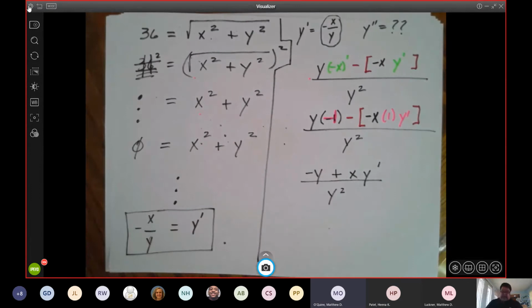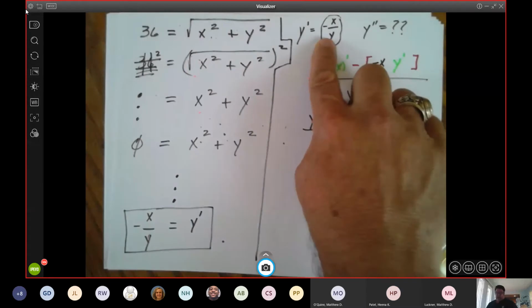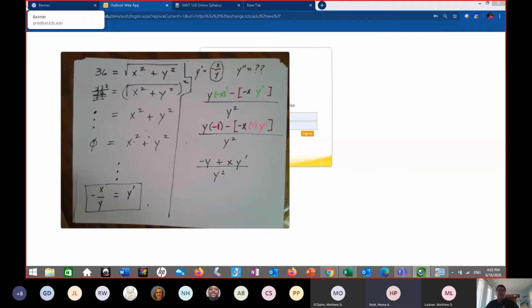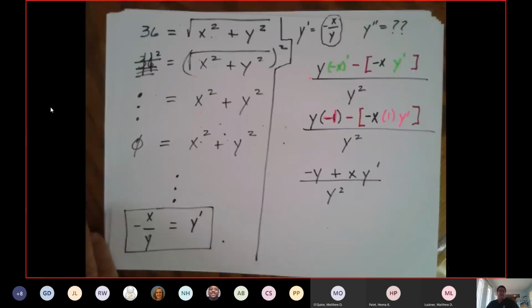Okay, some of y'all that's had implicit differentiation second, what are we going to do next? Well, we have y prime right here. Y prime is equal to what? Negative x over y. So I'm going to rewrite this, and I'm going to use another color, and my computer is going to mess up. Let's use orange.